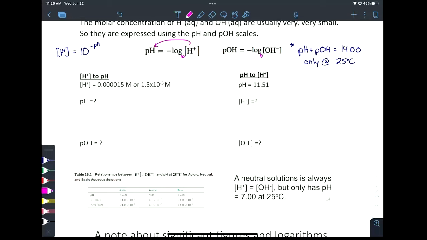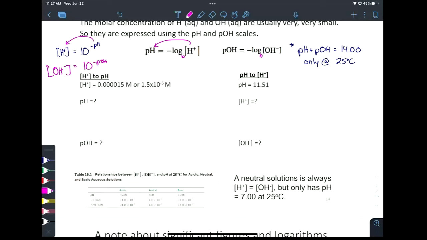We can reverse it, going from a pH back to a concentration. To undo it, just to put it in a slide, it's 10 to the negative pH. That's how you convert it back to H+. What is the concentration of OH when you're given pOH? To undo it, it would be 10 to the negative pOH. So those are related.